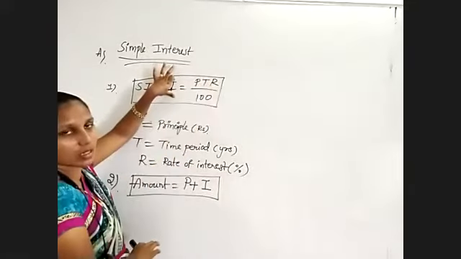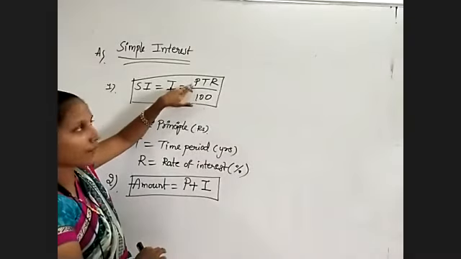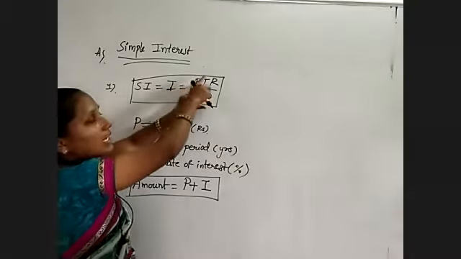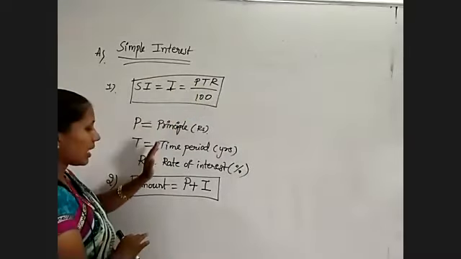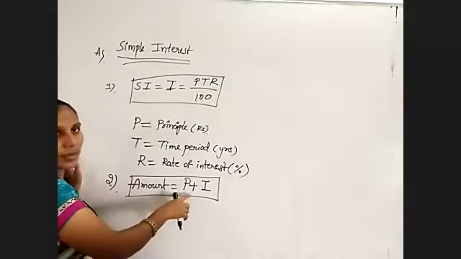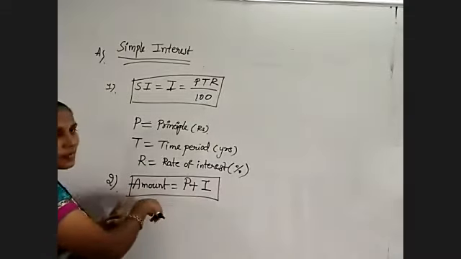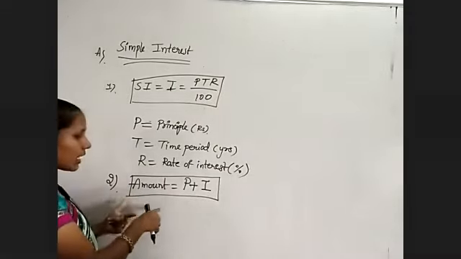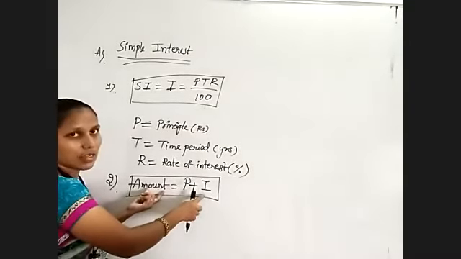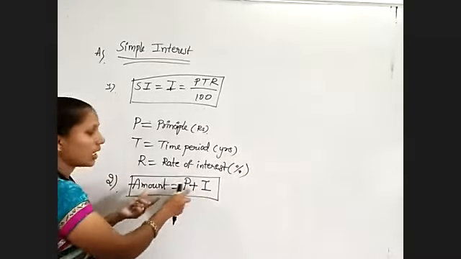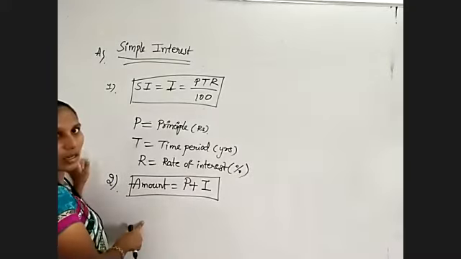If they ask to find the P value, then they will mention I, T, R in the question. Understand? In the same way, for amount, if principal is given, then we find interest by using the formula amount minus principal. If they ask to find the amount, they will compulsorily give principal and interest, so you have to add those two values. If they ask for principal, subtract the interest from the amount. That's all.